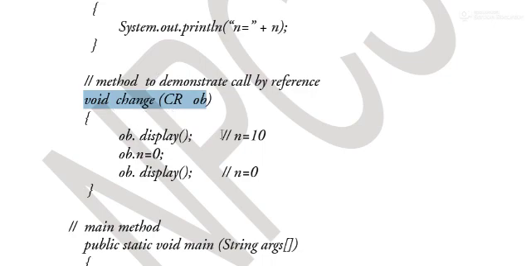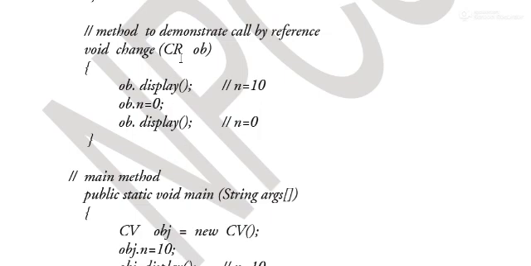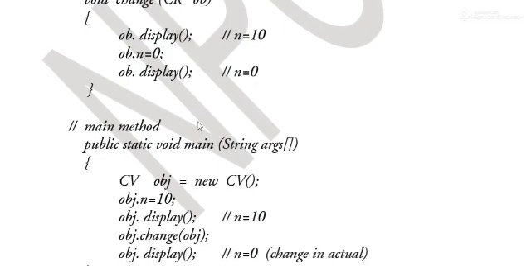Using this object we have changed the value of n to 0, but in the main method when we call this method using the parameter object, and after that when we display the value of the object, it will show 0, because in this case there is a single value n declared for both object ob declared in the change method and object obj declared in the main method.